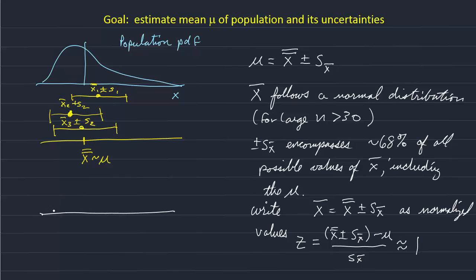So if we return to our normal distribution, and here we'll sketch the normal distribution in terms of the normalized value z. We know that values of z equals plus 1 and minus 1 encompass about 68% of all the possibilities.